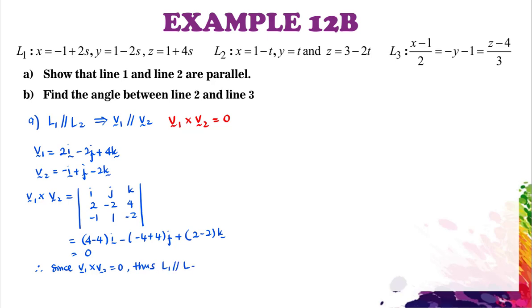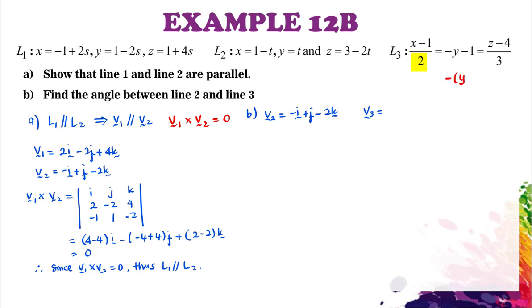Okay, next, part B. Find the angle between line 2 and line 3. In order to find the angle between two lines, you have to identify the v. So v2, we already have it from part A. For the v3, you have to identify it from line 3. So from the Cartesian equation, for the i component, we have 2i.